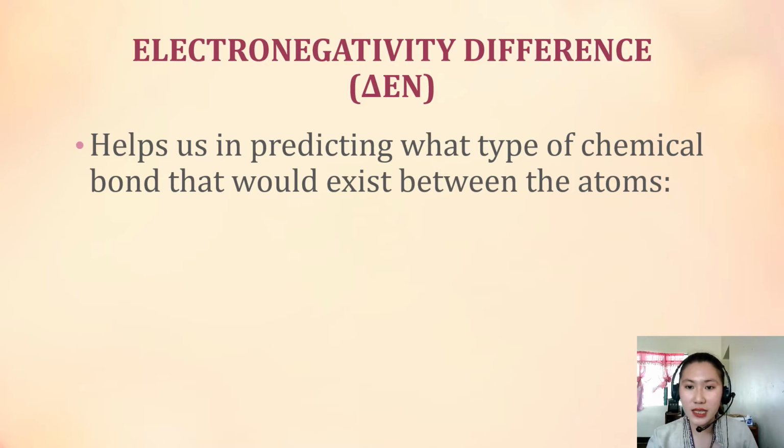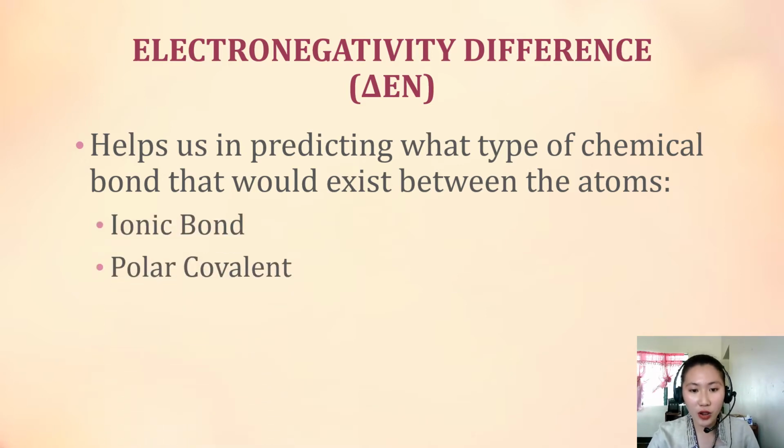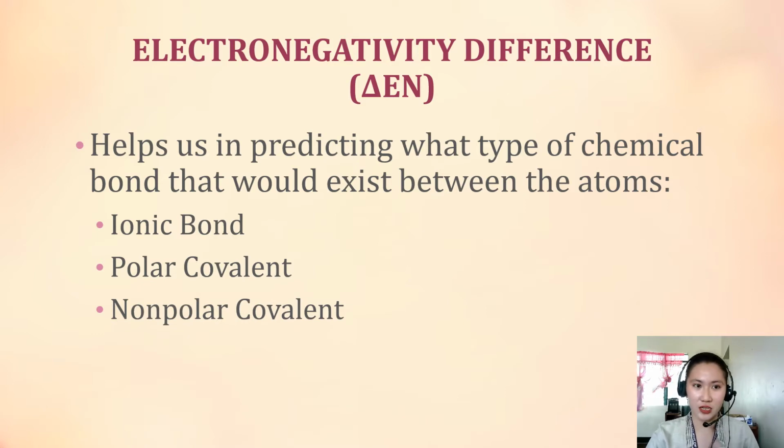So when we say difference, it is the value after we subtract something, okay? So we can use this electronegativity difference to help us predict what type of chemical bond would exist between the atoms, whether it is ionic bond, polar covalent bond, or nonpolar covalent bond.